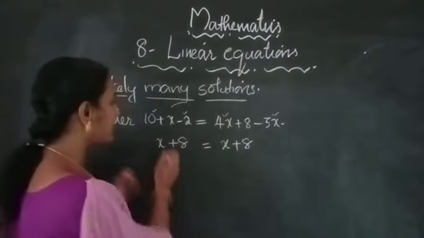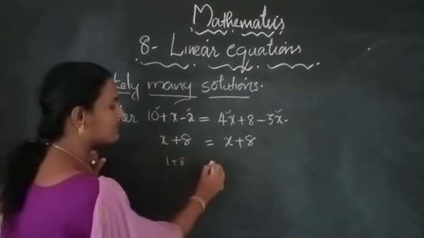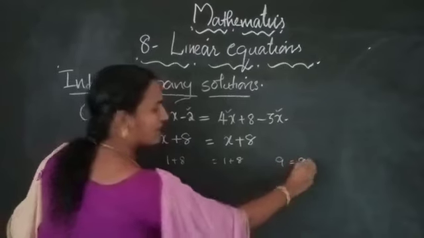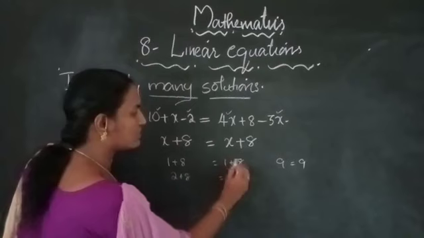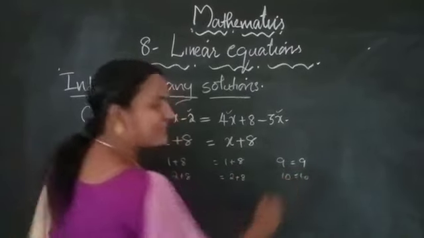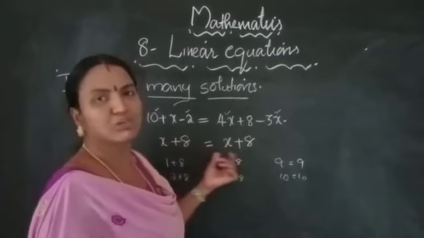For example, substituting x is equal to 1: 1 plus 8 is equal to 1 plus 8, 9 is equal to 9. If x is equal to 2, 2 plus 8 is equal to 2 plus 8, 10 is equal to 10. Any value of x will satisfy this equation, x plus 8 is equal to x plus 8.